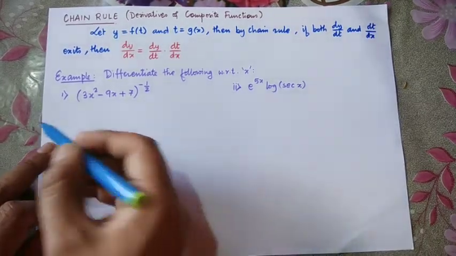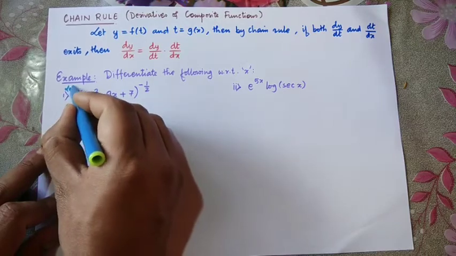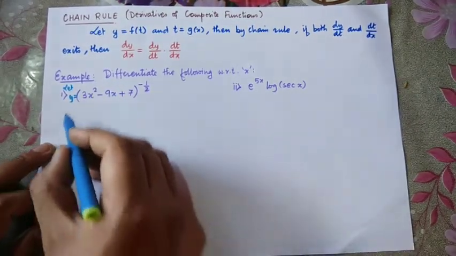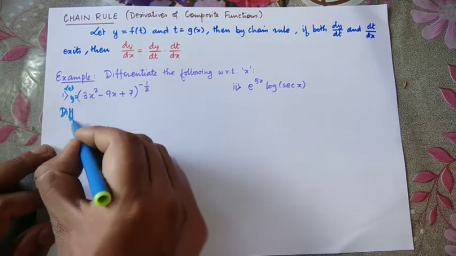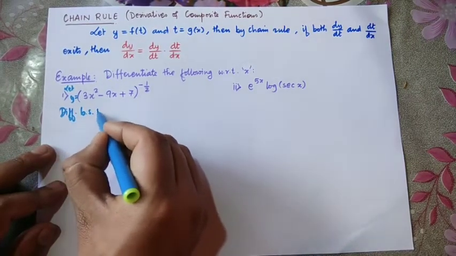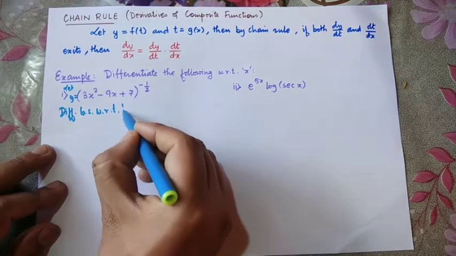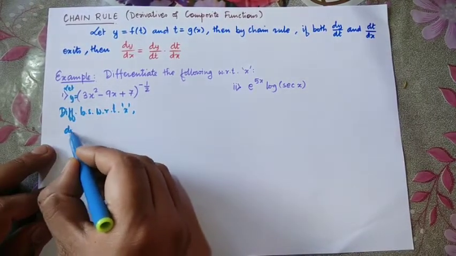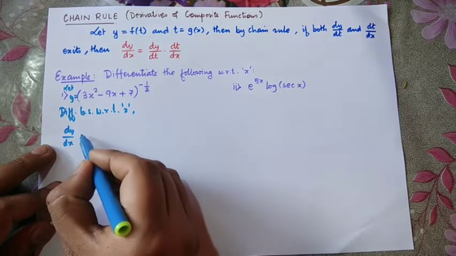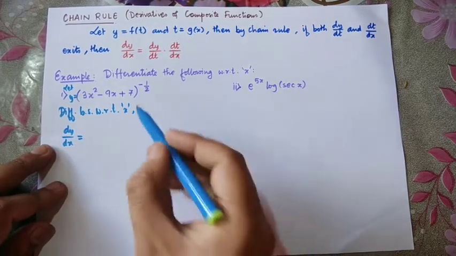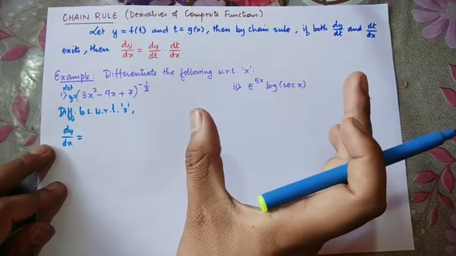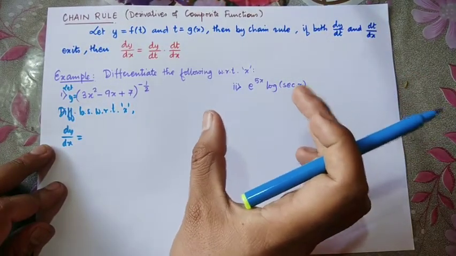So let y equal to this. We will write: differentiating both sides with respect to x. When I do that, y becomes dy by dx. The strategy you are going to follow here is to work from outside and then go inside.